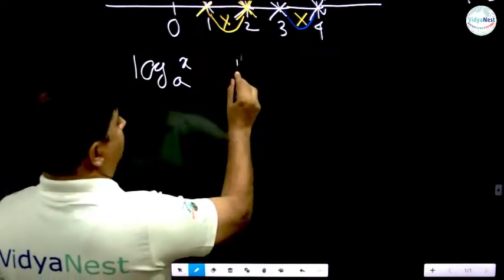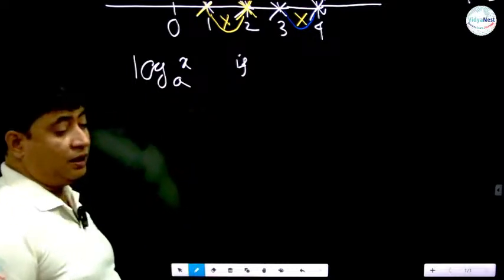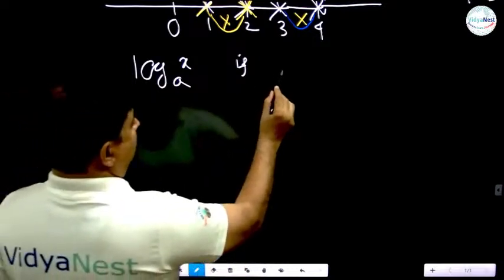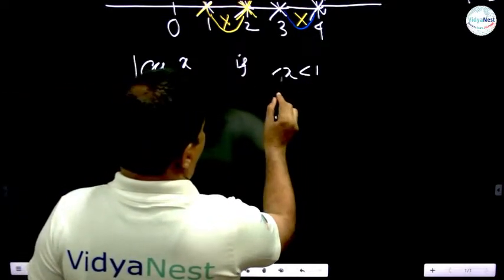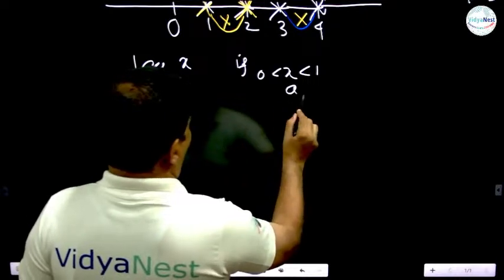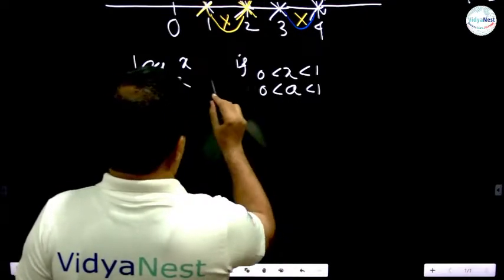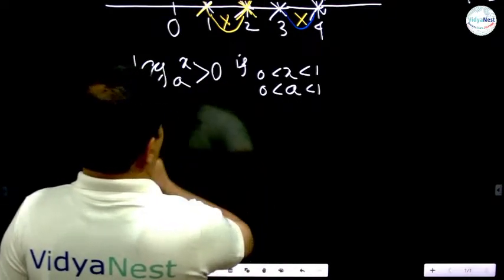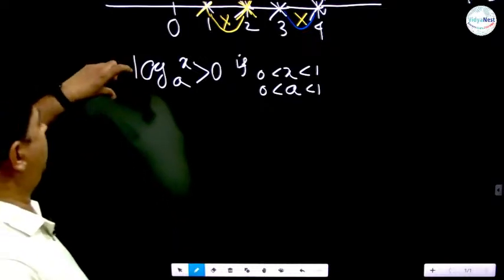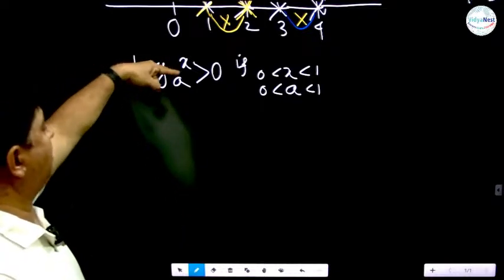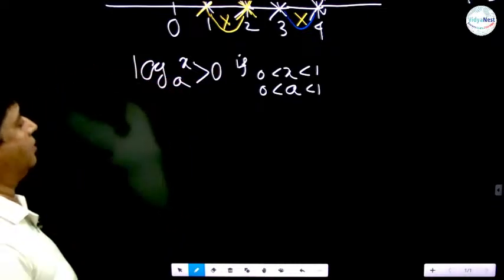I told you before when I taught domain and range, if x is a proper fraction like 0 to 1 and a is also a proper fraction, then the value of the logarithmic function of x to the base a is greater than 0.